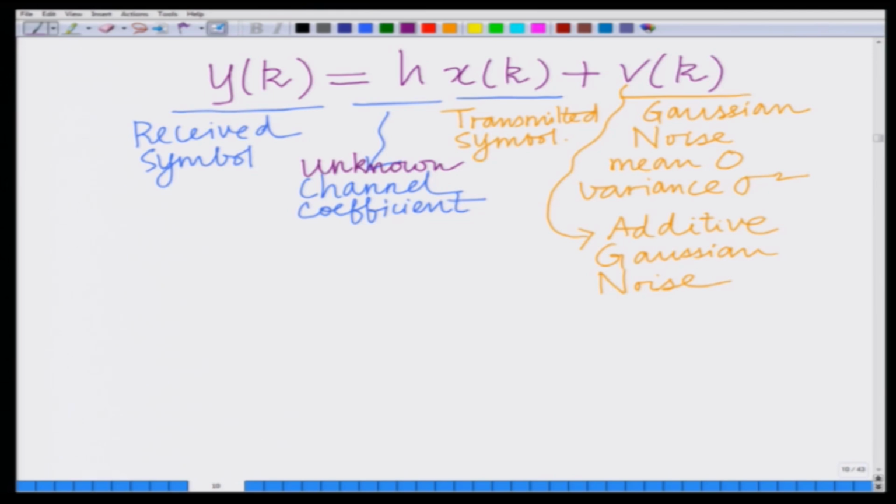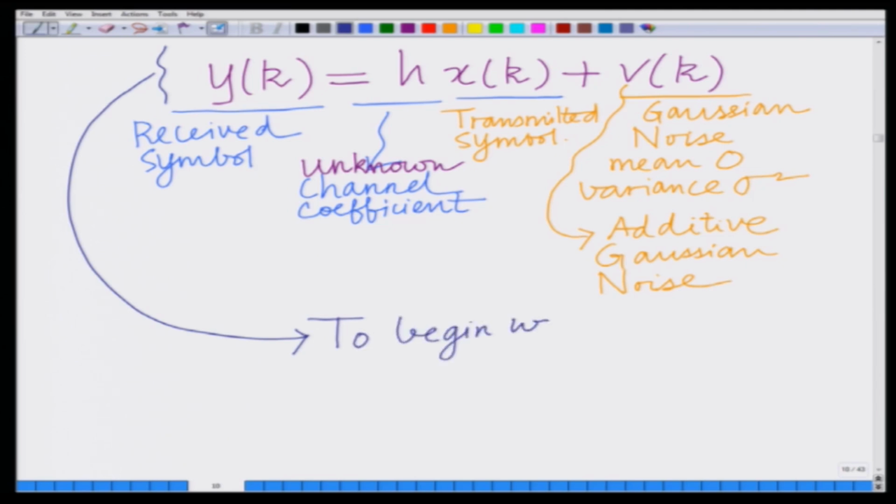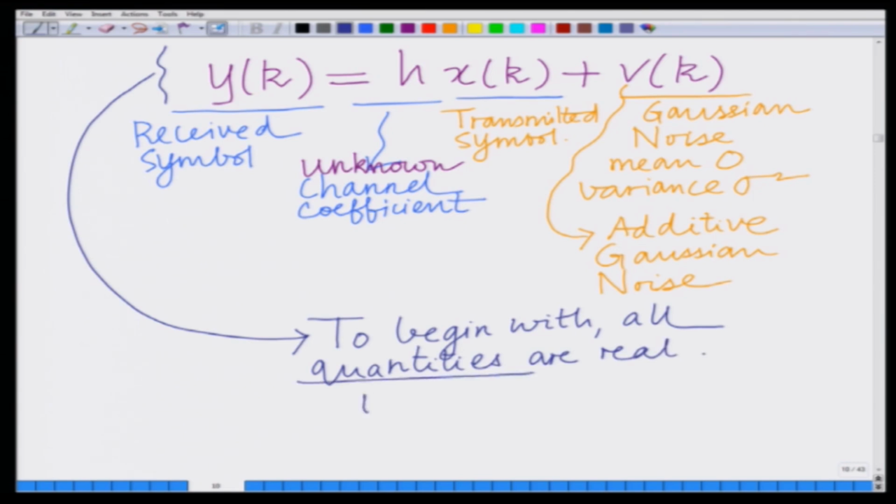And another important point, a subtle point which I would like to mention at this point, is that currently we are considering all the quantities to be real. To begin with, assume all quantities, by all quantities we mean your yk, h, xk and vk.